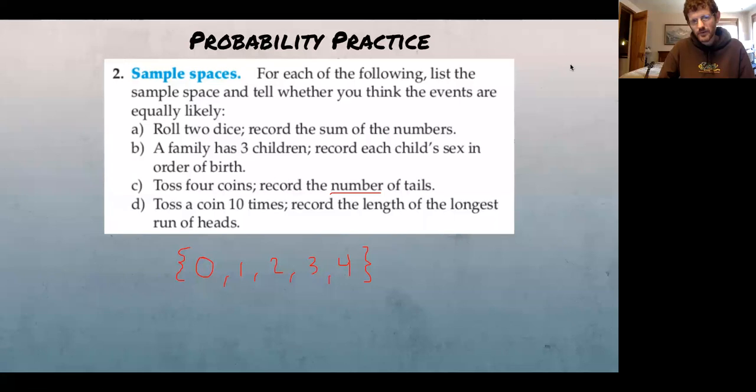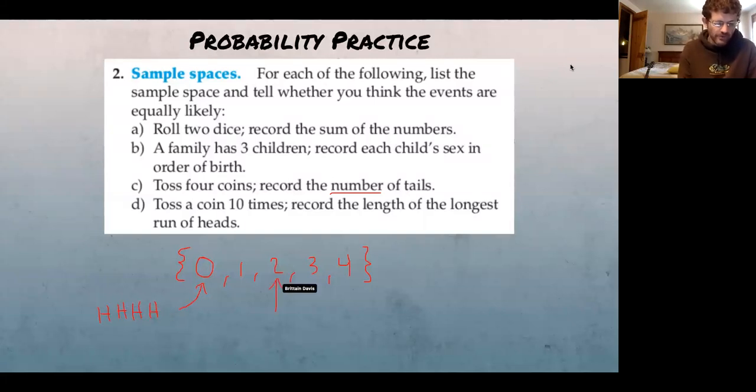Okay. And this one's tricky, and we are going to come back to this concept when we get to binomial distributions later. But there's only one way to get 0 tails, and that means we have to get heads 4 times in a row. Heads, heads, heads, heads. But we could get 2 tails lots of ways.